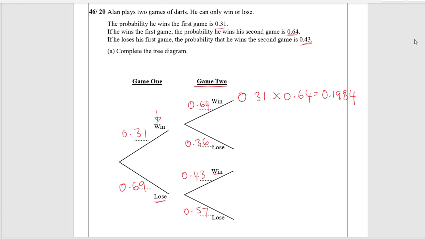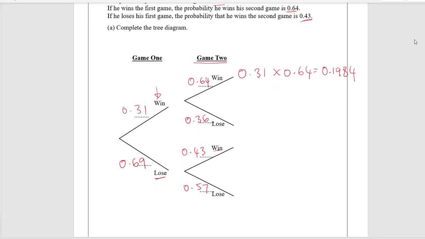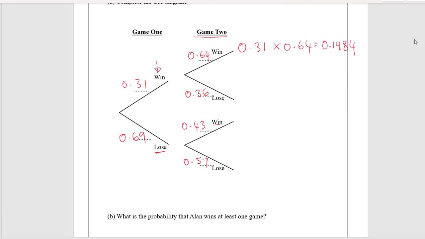Now the reason I'm working out the probabilities is because there's a second part to this question where it says, what is the probability that Alan wins at least 1 game? So that's question B. I will need this information to answer the last part. What I do is I always work out the probabilities and then I look at the question and add up the parts I will need.